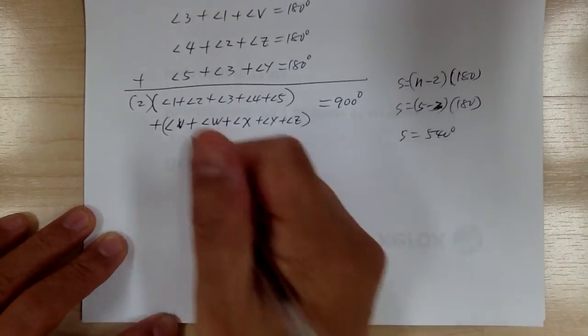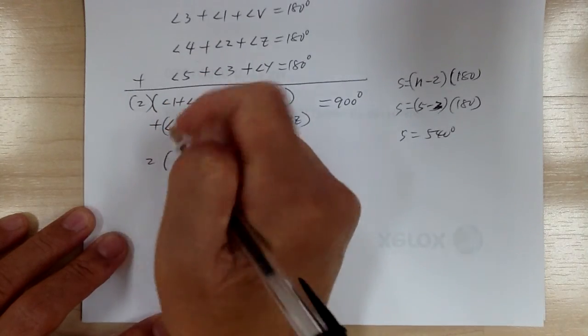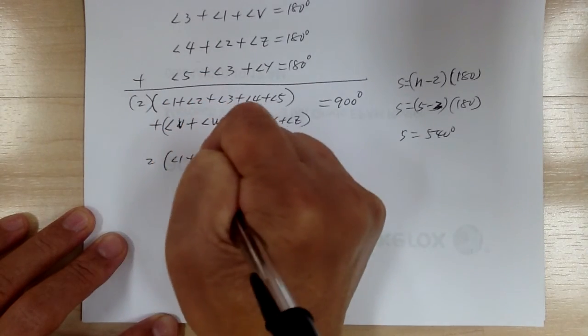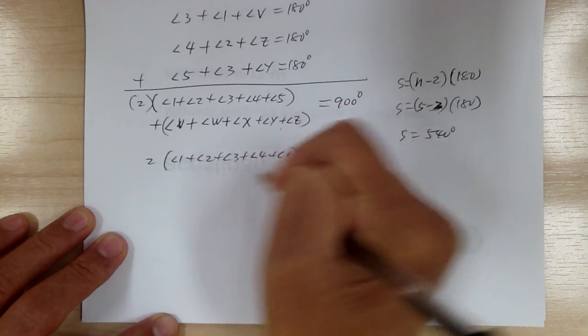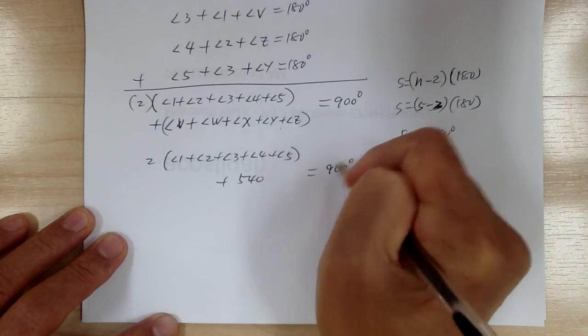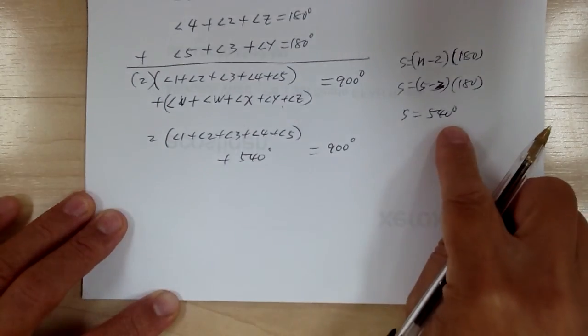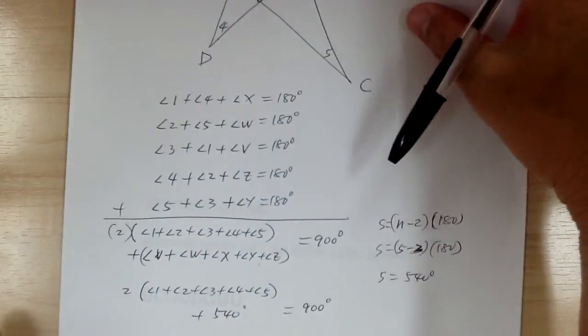So we can substitute these. You get 2 times angle 1 plus angle 2 plus angle 3 plus angle 4 plus angle 5, plus 540, equal to 900 degrees. Again, this 540 is for the inside of the pentagon.